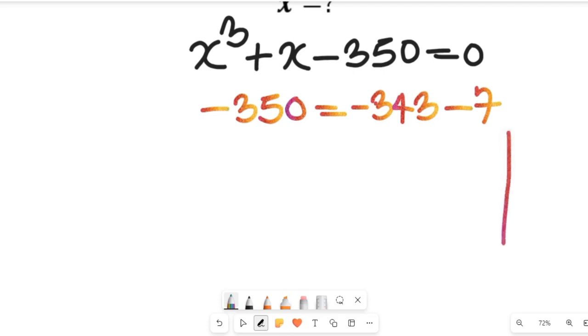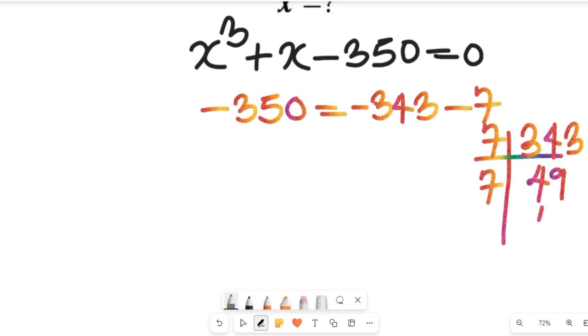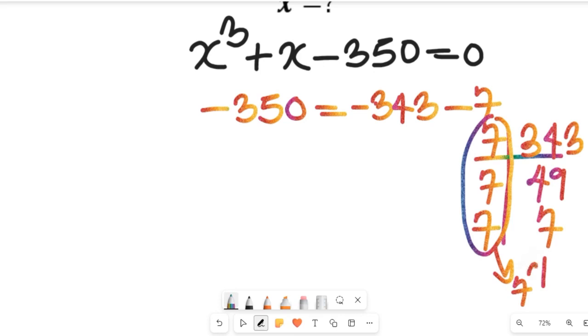Now why do I use negative 343? Let's analyze negative 343. If we analyze 343, you find out that 7 can divide 343, and that will give us 49, right? If 7 goes again, it will give us 7, and if 7 divides 7, we're going to have 1. So we have all this to give us 7 to the power of 3.